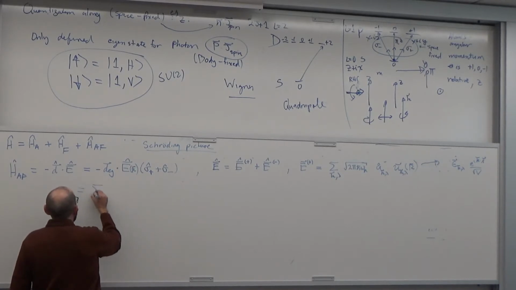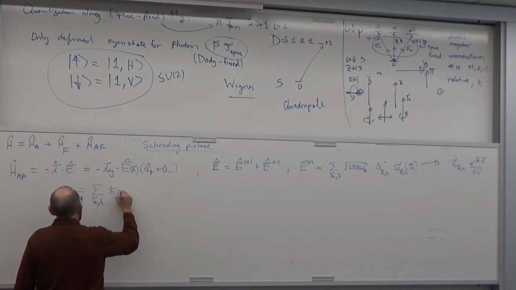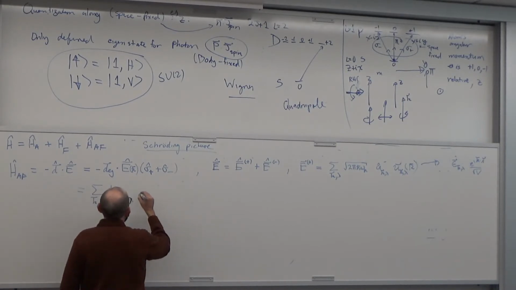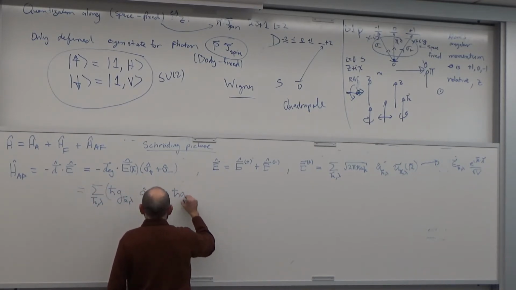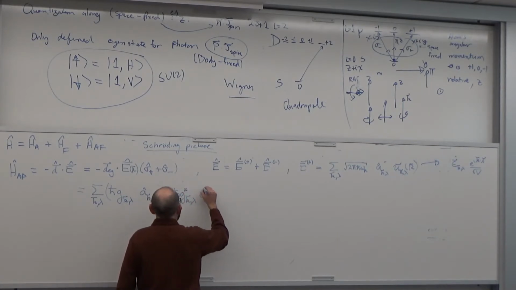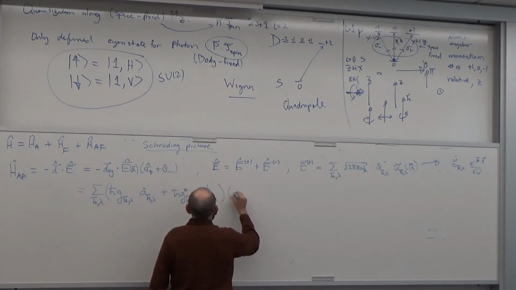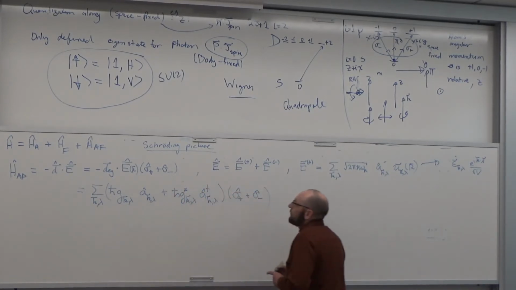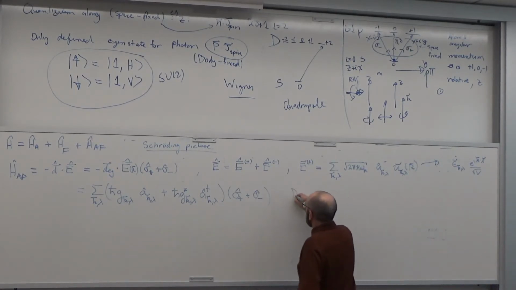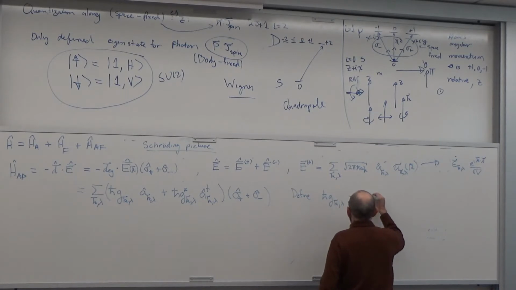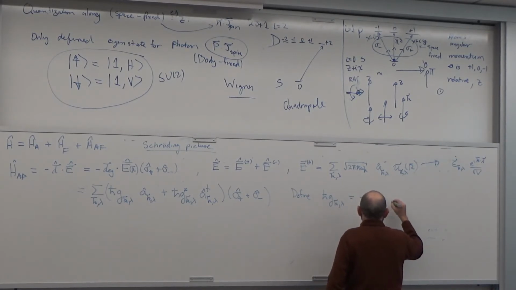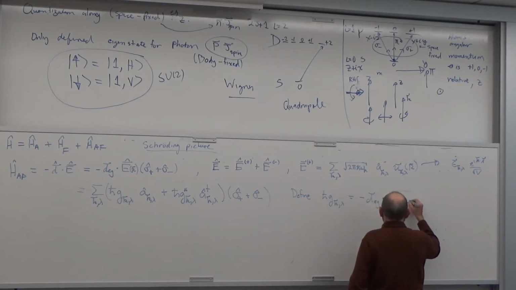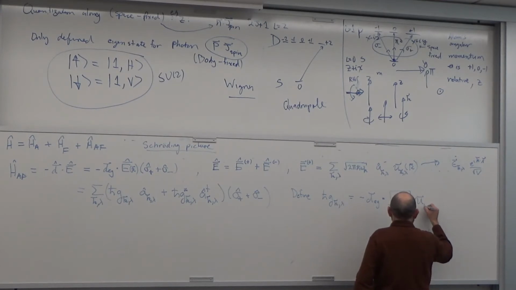This is going to be equal to the sum over the modes of something I'm going to call G. So what I have done here, I have defined h bar times g sub k lambda as minus d dotted into the square root of 2 pi h bar omega k u k lambda.